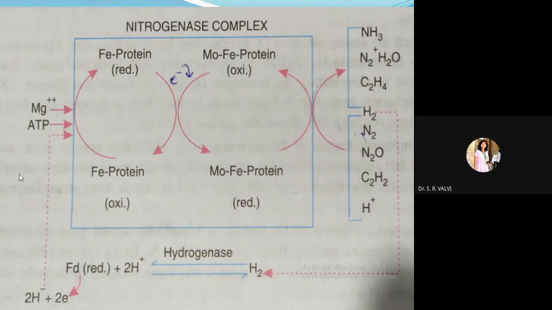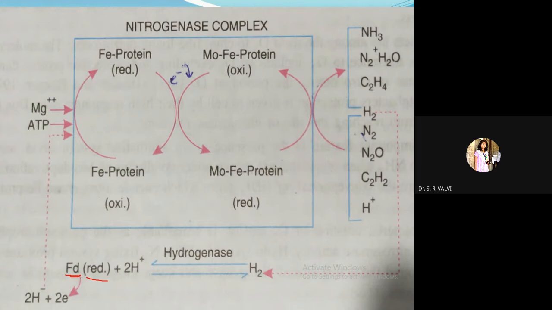Now see here, let me take the pen. You are observing here the ferredoxin, FD. FD stands for ferredoxin, and it is written over RED. It is in reduced form, right?